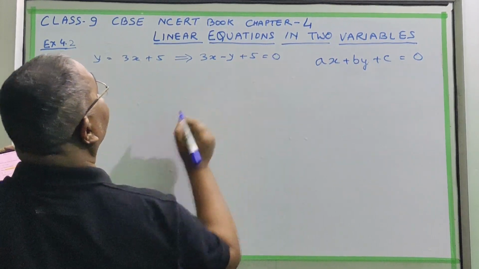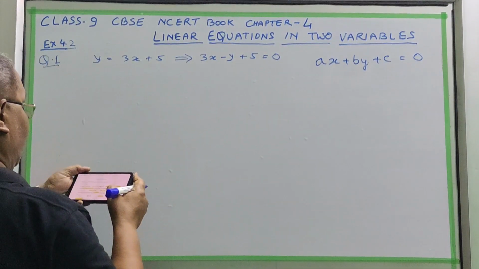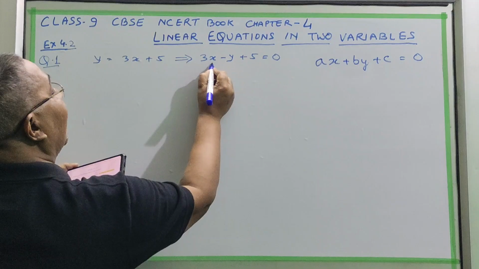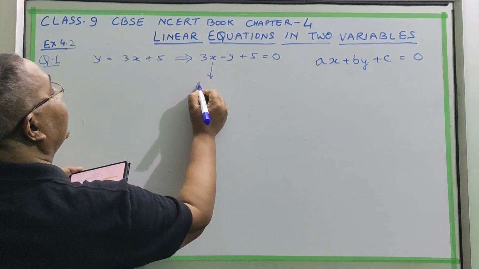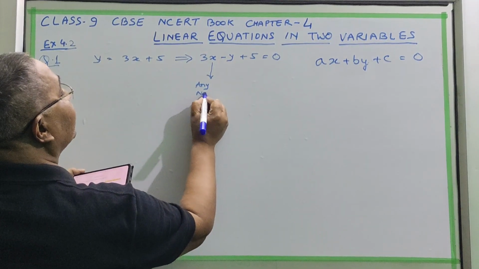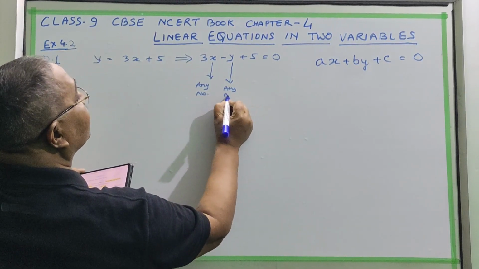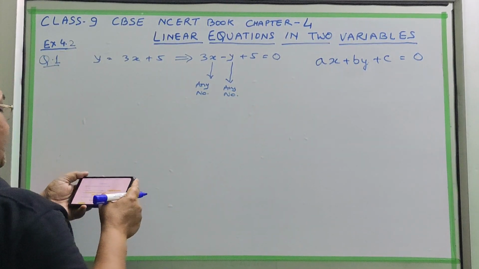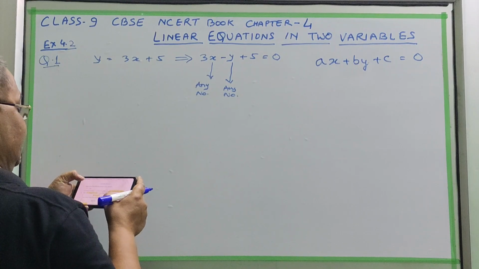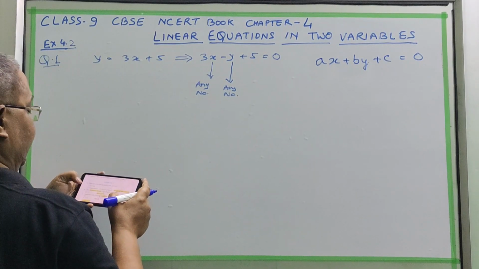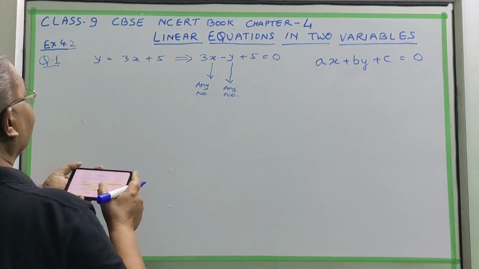We can write it this way also. Here, any value of x, any number you can give, and y also any number you can give. Here they are asking true or false, and you have to give the reason.